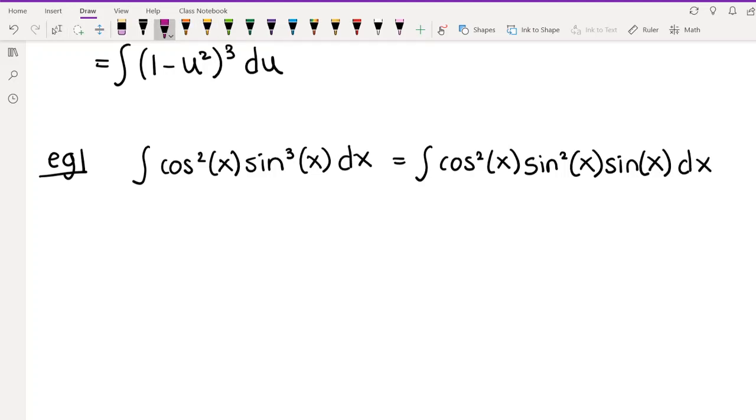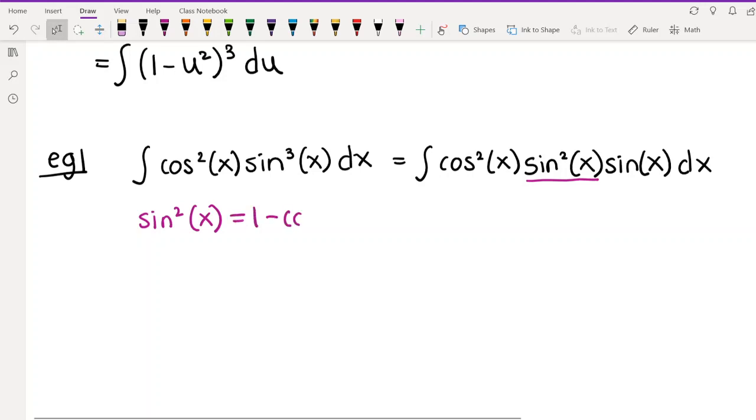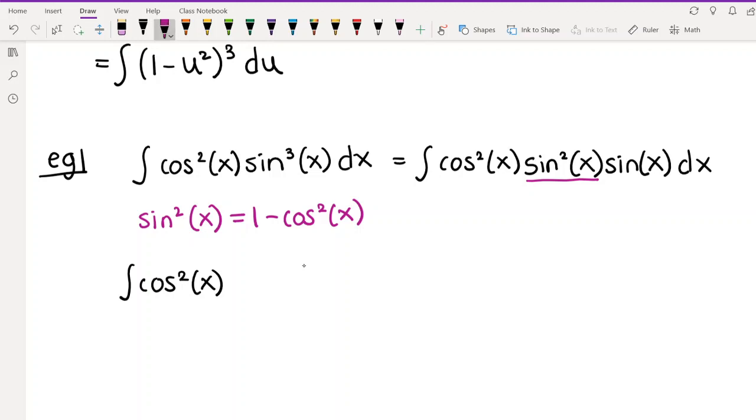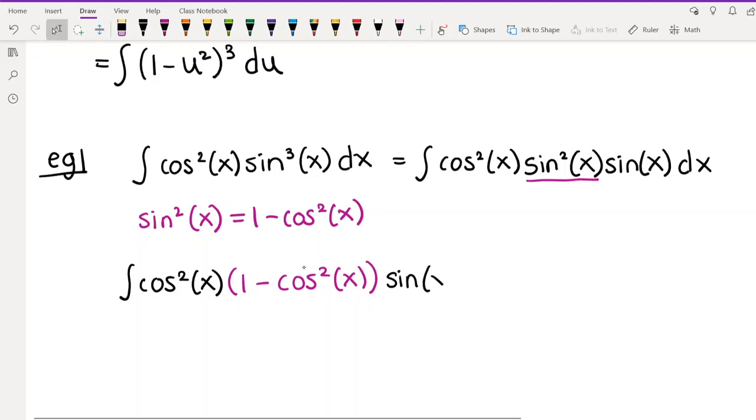How do we get rid of this sine squared of x? We can use the fact that sine squared of x is equal to 1 minus cosine squared of x. That gives us the integral of cosine squared of x times 1 minus cosine squared of x, and then we still have this sine of x.